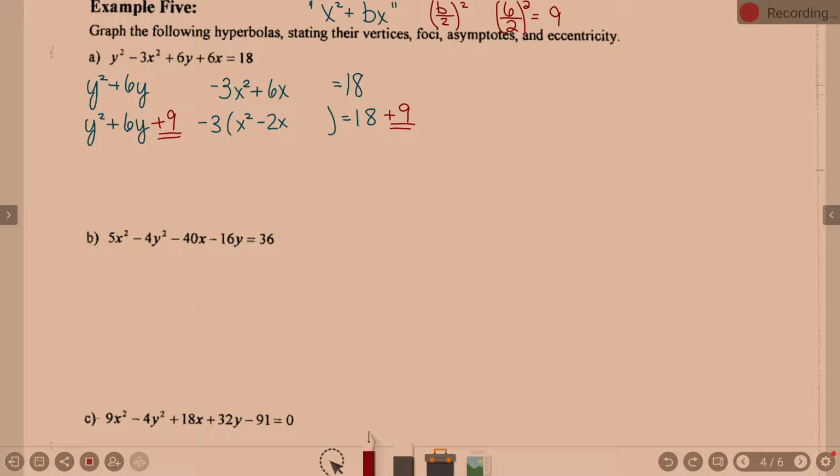X's, repeat the process. In this case, you're using the current B, what you have after you factored. B is negative 2. So negative 2 divided by 2, quantity squared, is going to be negative 1 squared, so positive 1. So here with the X's in the parentheses, I'm going to add 1. If I add 1 on the left, what am I going to add on the right?